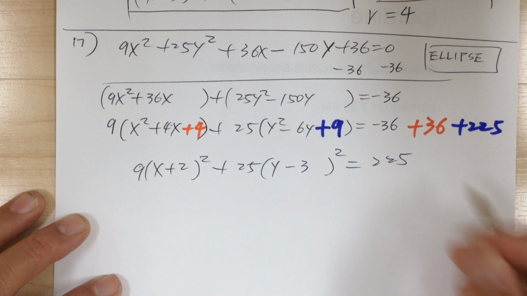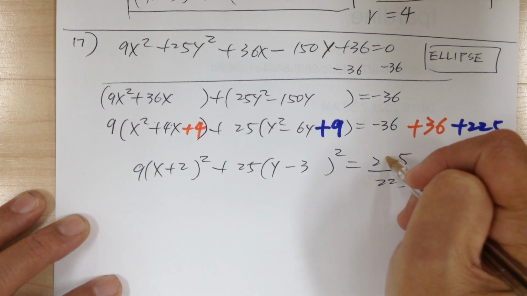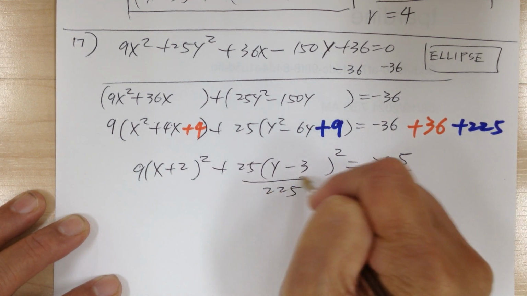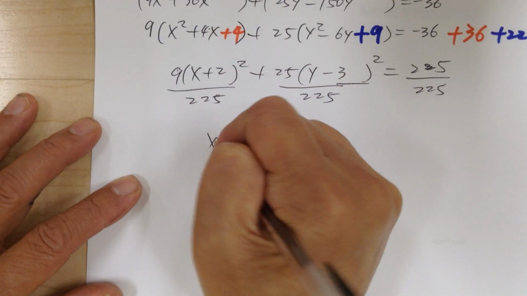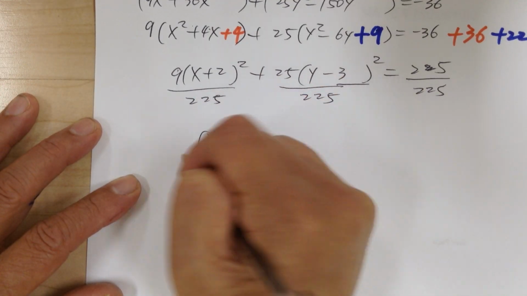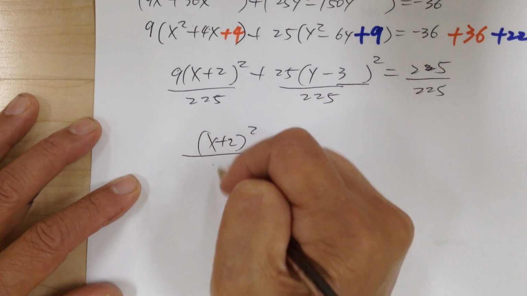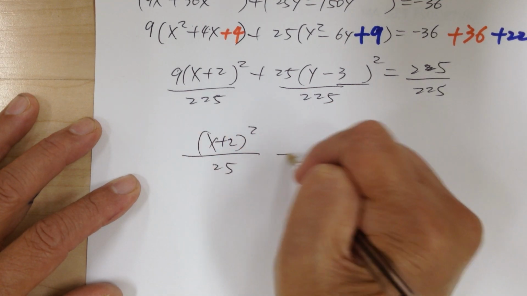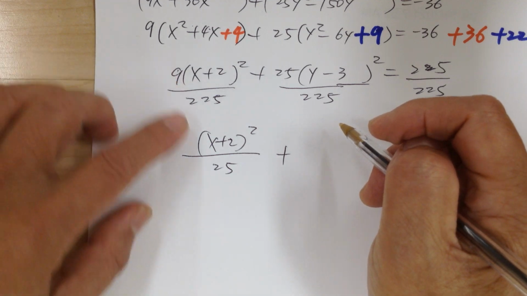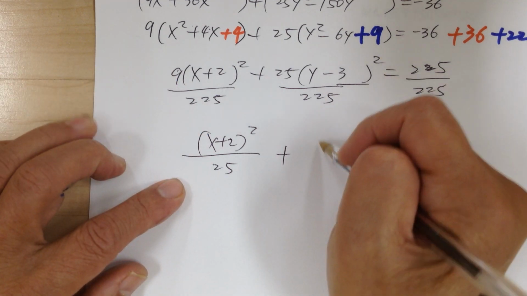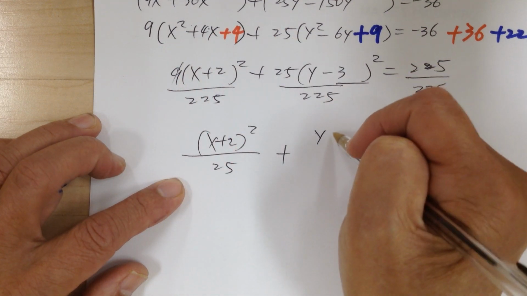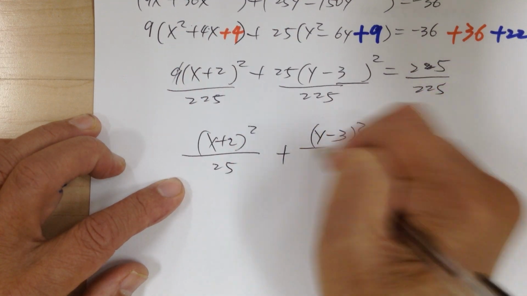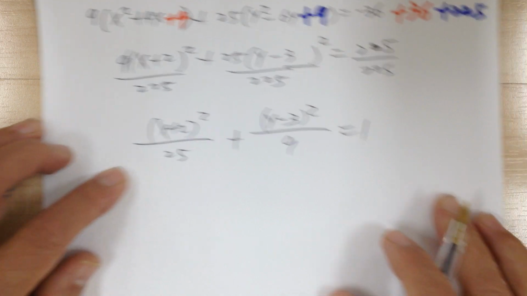Then you have to put it in standard form, so divide by 225 on all terms. You end up with x plus 2 squared over 25 plus, and dividing by 9 gives you 25, y minus 3 squared over 9 equal to 1.